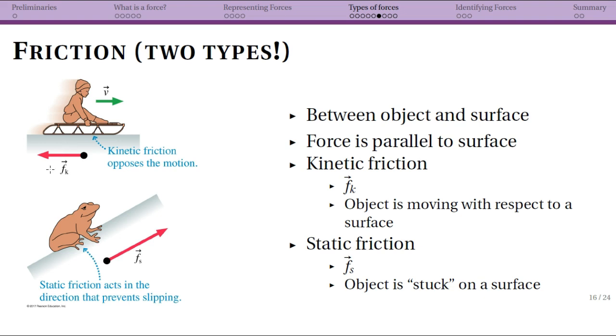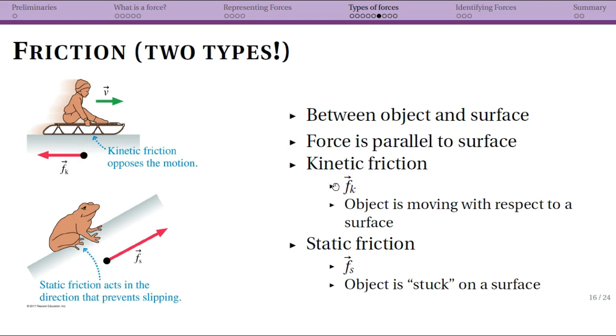So now let's talk about the 2 types. One is called kinetic friction, where kinetic is a word we will use a lot in physics, and that relates to motion. In this case, you have an object that is actively in motion. It is moving with respect to the surface, and this "with respect to the surface" is the important part.